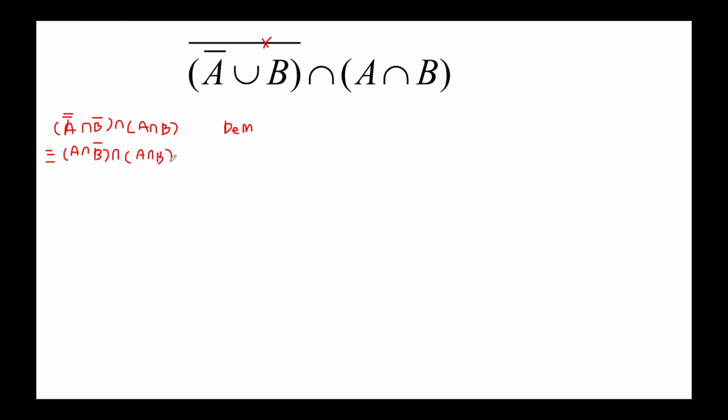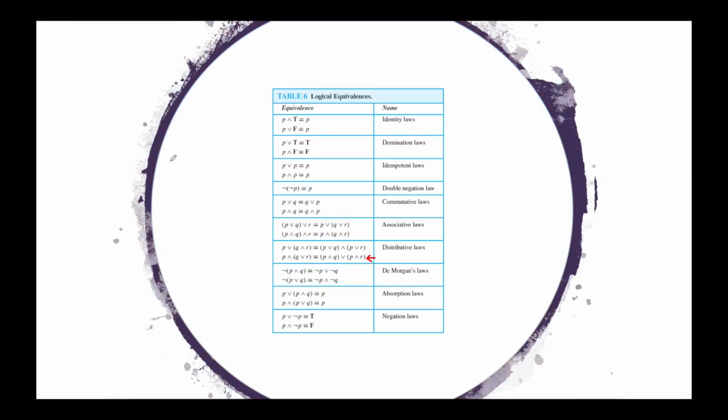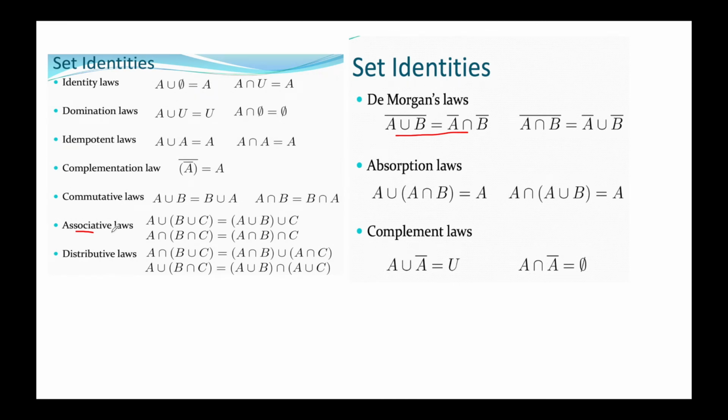So if you look into here, we can use the idempotent law, and we can use the associative law. If you notice here, all the operations are the same, AND and AND. So we can use the associative law.